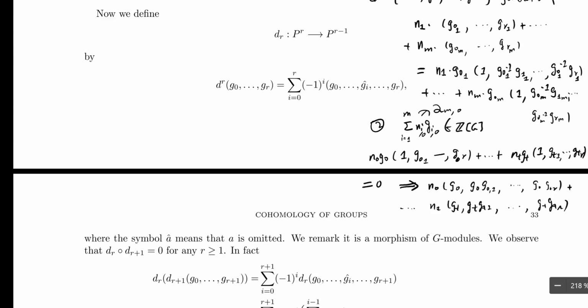Then since the remaining elements are all different, the multiplication by two same elements must give different elements, so they're different. And if they're different, then just as a Z module, they are bases, so n_0 and n_1 are all 0.